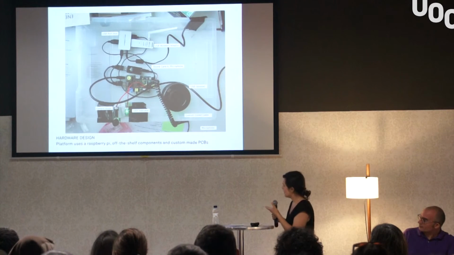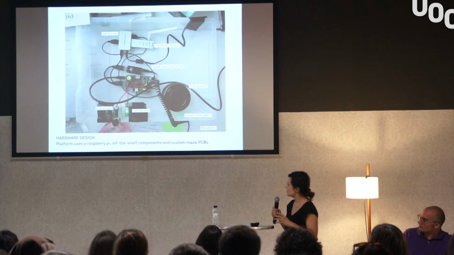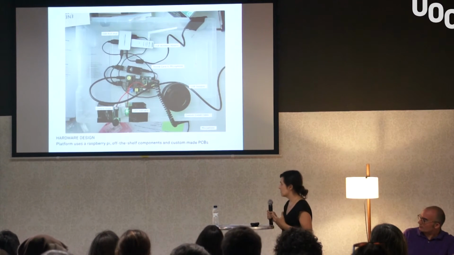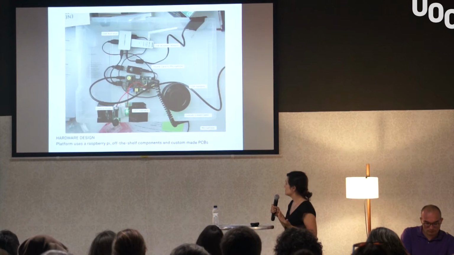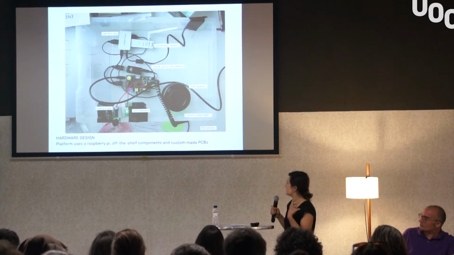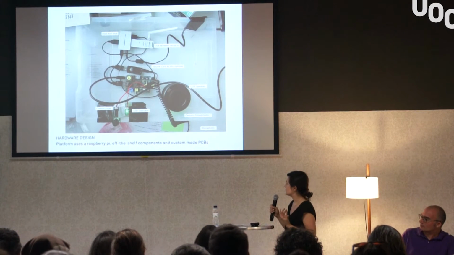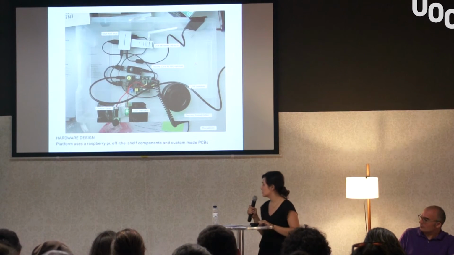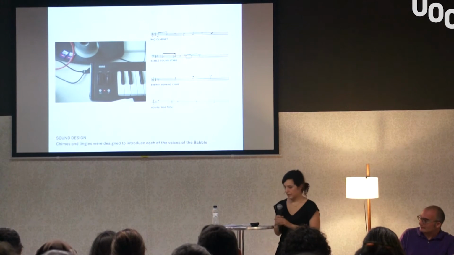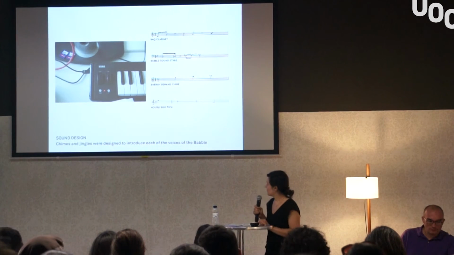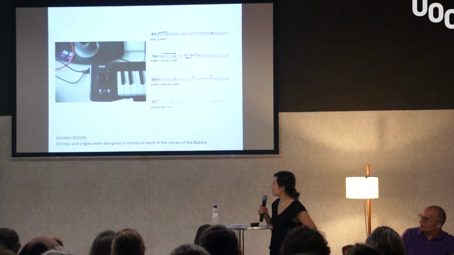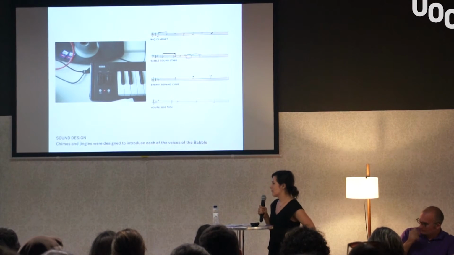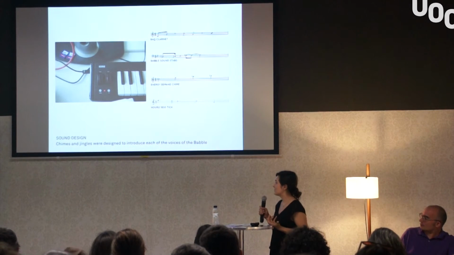In this picture, we have an example of the hardware in a very early stage. It was a combination of off-the-shelf components. It uses a Raspberry Pi as a processor, and we also designed a series of custom-made circuit boards to enable the user interaction. An important part of the device was its soundscape.